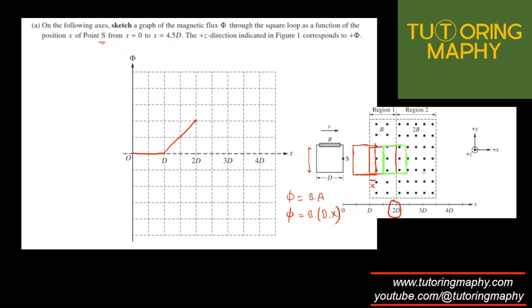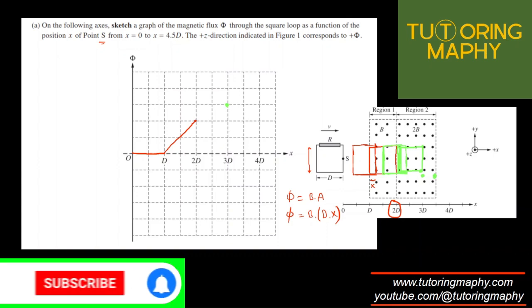And till what point should it increase? Till 3D, because when S reaches 3D, the entire loop is in region 2. So there is no more increase, because then it's just a constant magnetic field. So I know that from 3D to 3.5D, that's going to be constant.